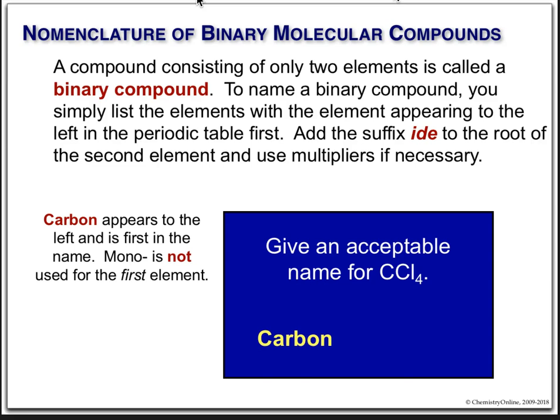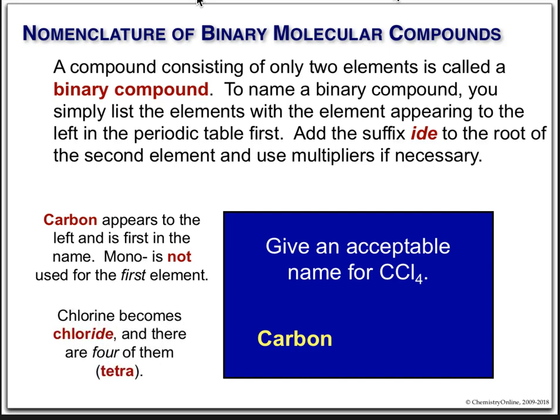Chlorine is chloride. How do we say 4 in chemistry? Tetra. This is carbon tetrachloride. 2 words. Told you it was going to be simple.